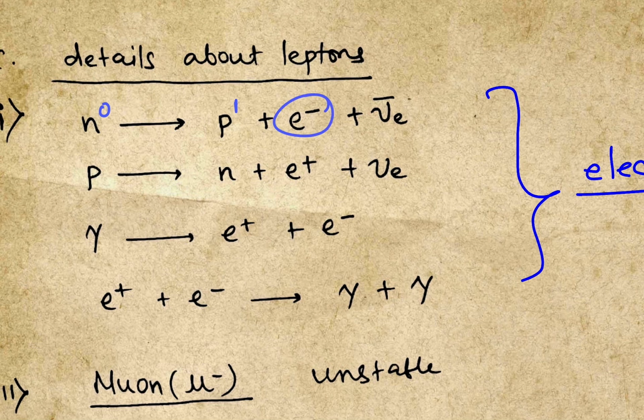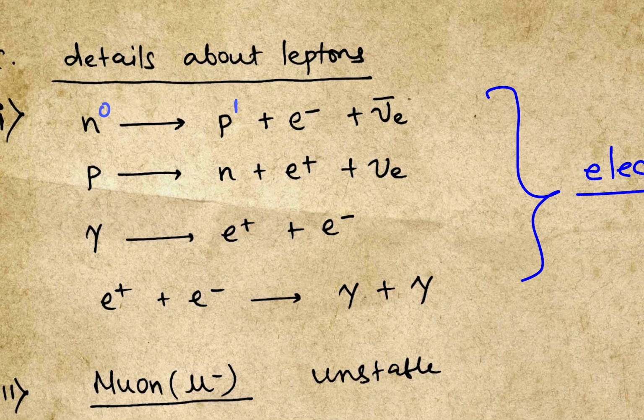And whenever you have e minus, you will always have an antineutrino. How could you remember that? If the minus is here, then the same bar will come like this. That is a kind of mnemonic. This is not some kind of theory, but for the sake of being handy, we could always try to have some mnemonic.